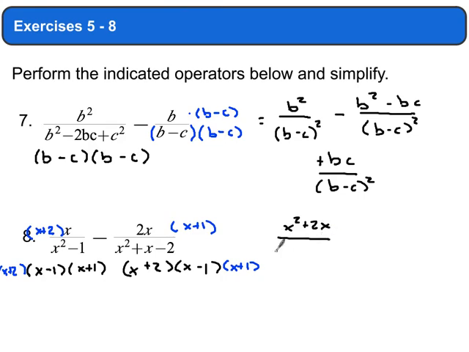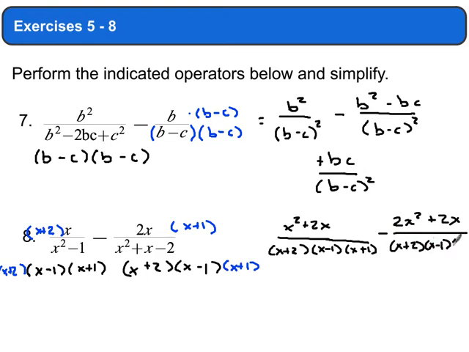That's over my denominator of x plus 2, x minus 1, and x plus 1. We have a minus sign. This will be 2x squared plus 2x. And that, of course, is over my same denominator, x plus 2, x minus 1, and x plus 1.